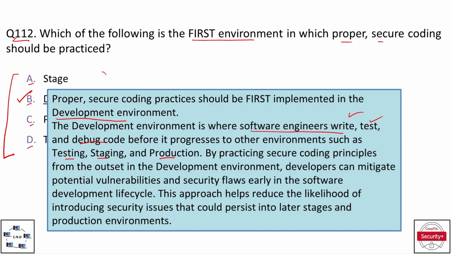By practicing secure coding principles from the outset in the development environment, developers can mitigate potential vulnerabilities and security flaws early in the software development lifecycle. This approach helps reduce the likelihood of introducing security issues that could persist into later stages and the production environment.